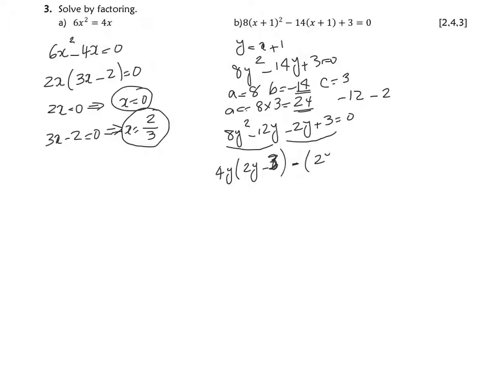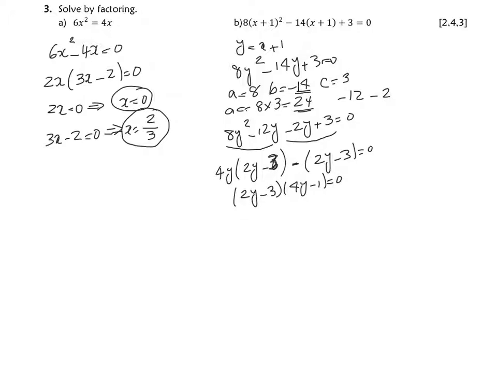So I get 2y minus 3 is equal to 0. 2y minus 3 is common, so I take 2y minus 3 out, and I get 4y minus 1 is equal to 0.